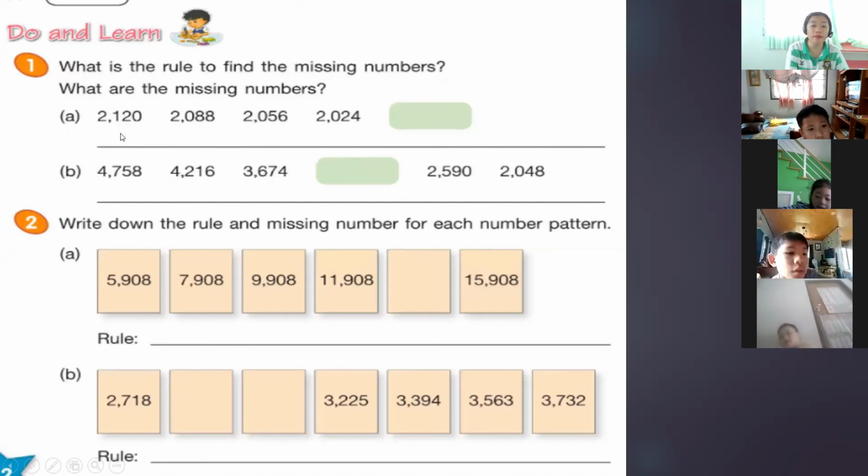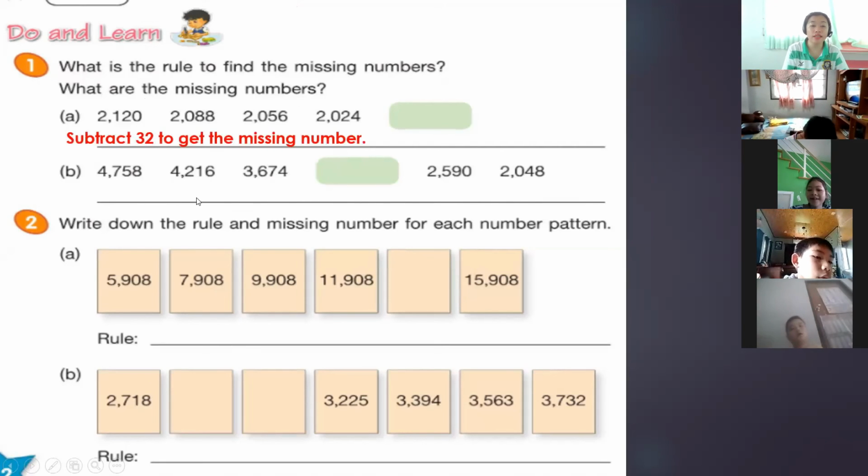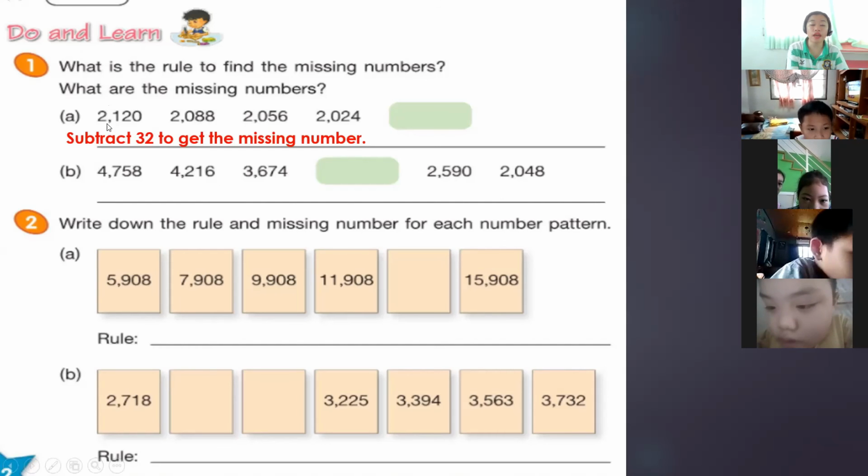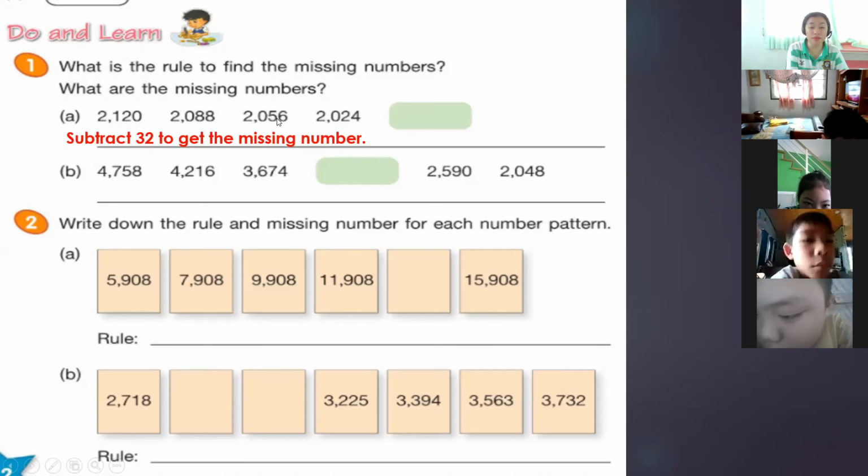In letter A, the rule here is subtract 32 to get the missing numbers. So we're going to subtract or minus. We have the number patterns starting from 2,120, 2,088, 2,056, and 2,024.